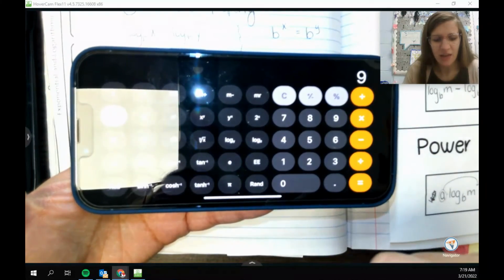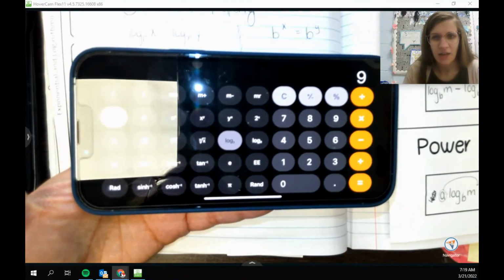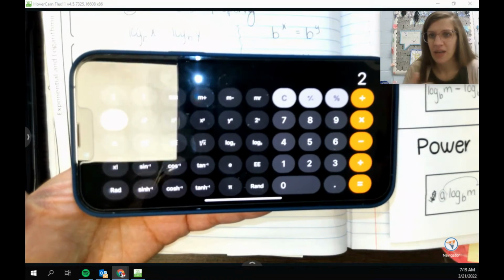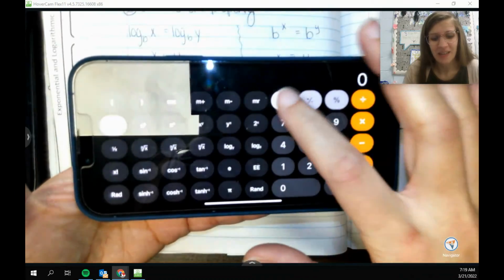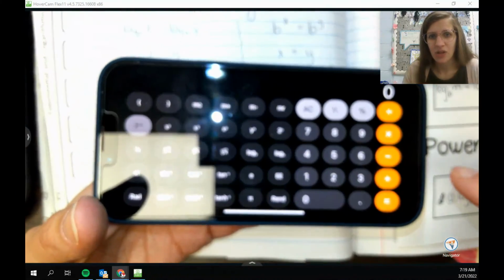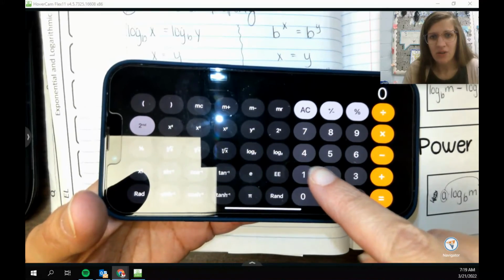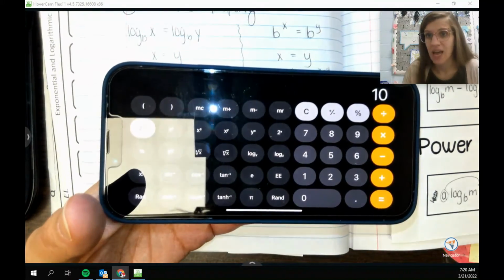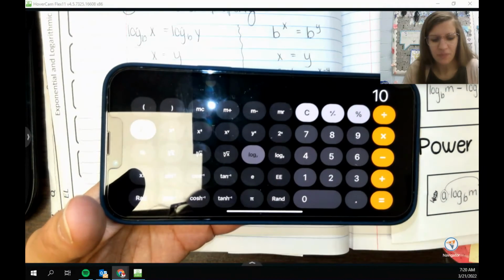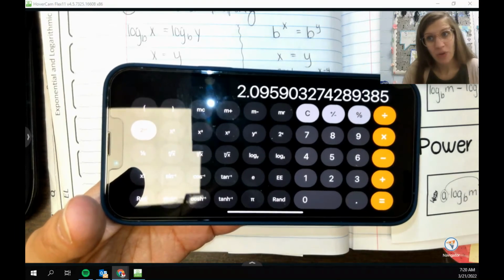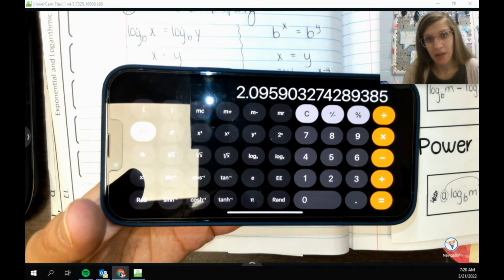I'd do 9 log, and then I pick my base, so 3, equals, and it tells me 2. Your calculator on your phone is much more powerful than a TI, unfortunately. And if I wanted to do log base 3 of 10, I do 10 log, and then pick my base, and it's a little more than 2, like we expect it to be, okay?